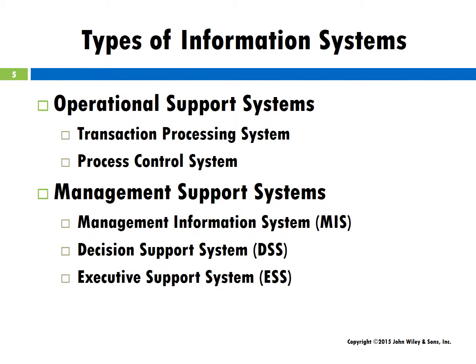There are 2 types of support systems in IT. You have operational support systems, and then you have management support systems. Operational support systems are designed to produce a variety of information on an organization's activities for both external and internal use.